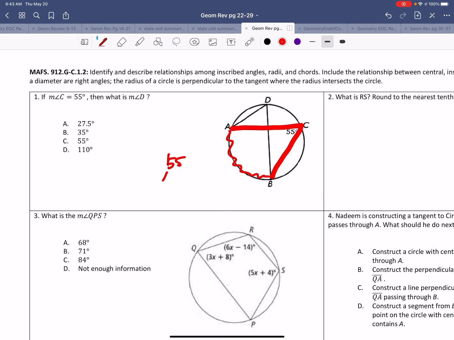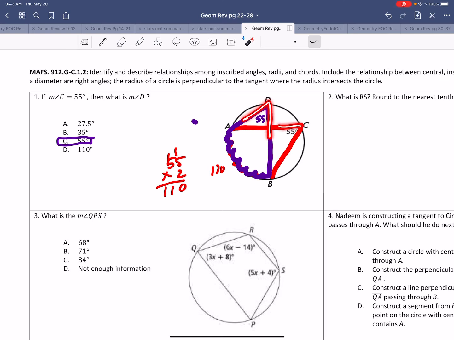So 55 times 2 is 110. My snow is 110. That means the tip of this cone would also have that snow of 110, meaning if you guessed, this would have to be 55. We notice that if we pick this up and translated, it also looks like it would fit right on top.